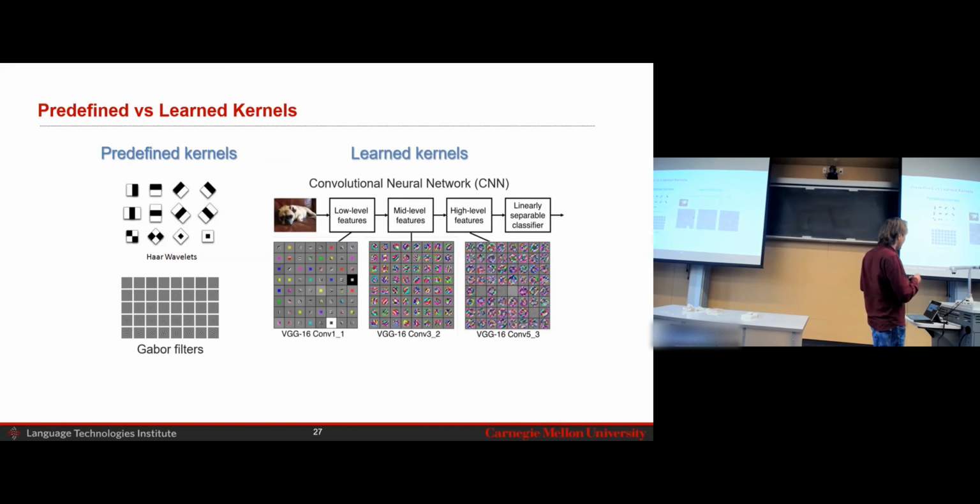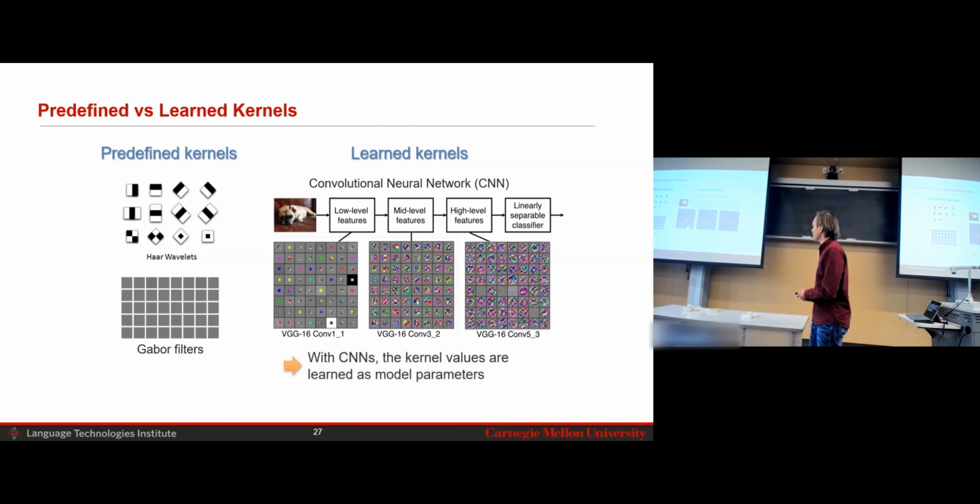But what's hard is that we don't know what the next step should be. But the low level are a lot like Gabor filters. That's a lot of what we will see in this. So the CNN will learn by itself. This is a predefined set, but one of the main interesting things is I'm not going to predefine the kernel.